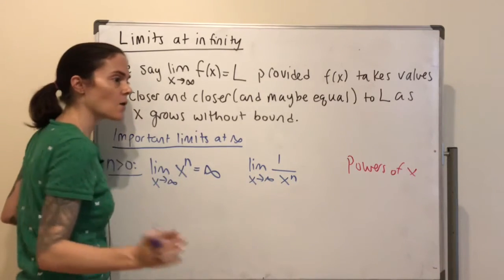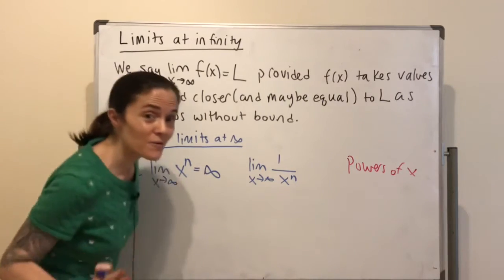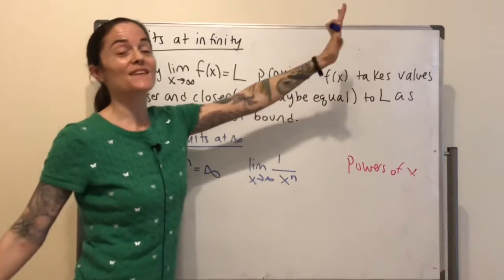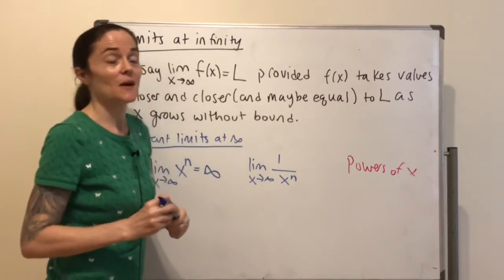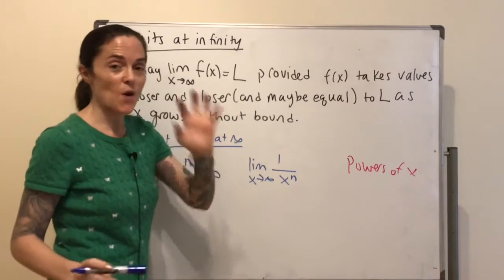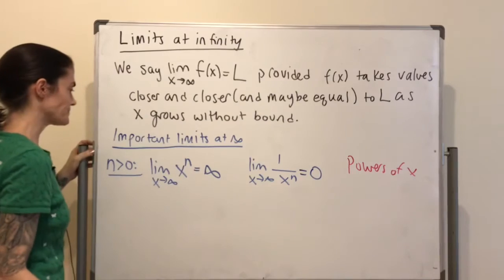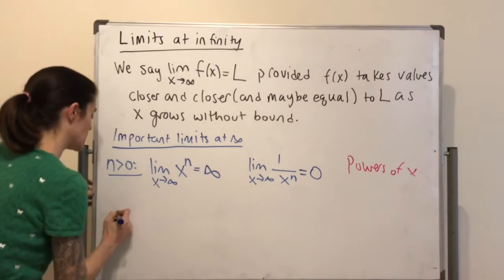Okay, now this one, and this is an important one, if you take 1 over that, so now you have a fraction, and the denominator is growing without bound, right? Fixed numerator. Well, this fraction is going to 0. Okay? Now, one more class of important limits.